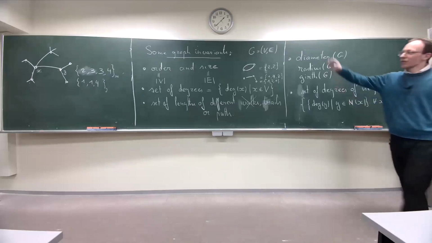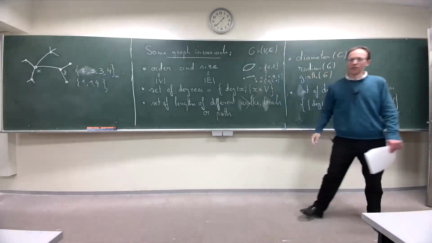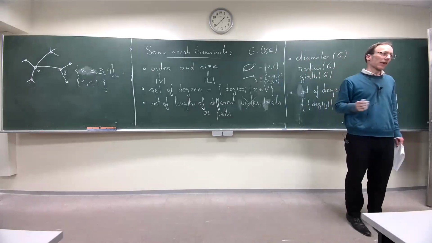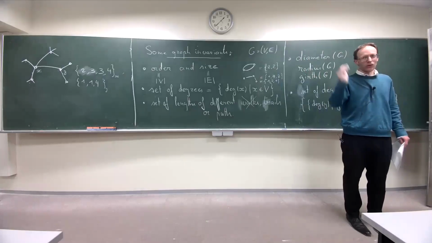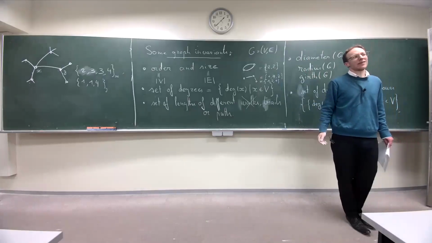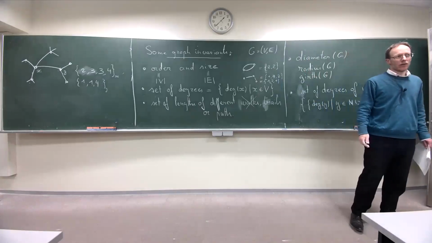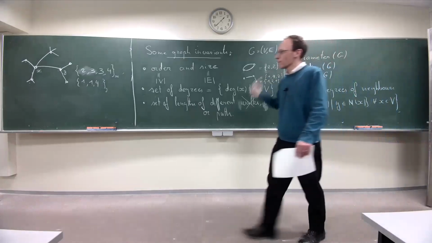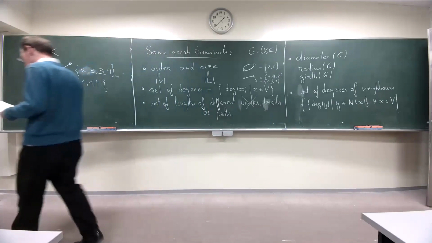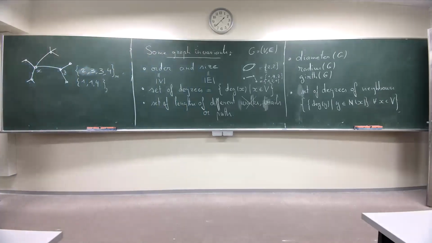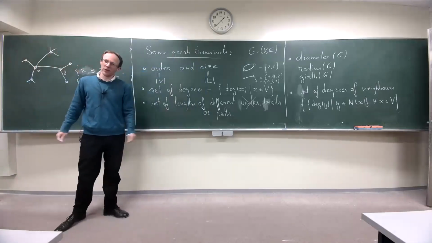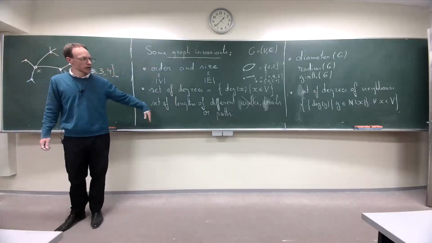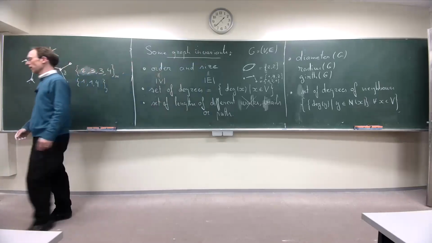Still, even if you draw a long list and they're all equal, it doesn't mean that the two graphs are isomorphic, except if you have a list which contains everything, but this is usually hard. Again, showing that something is not is simpler than showing that something is. So take the best of what are called graph invariants. And probably we are going to see others in this course.